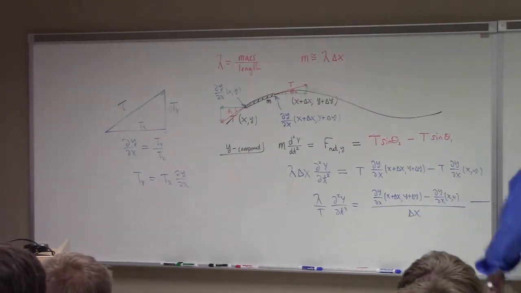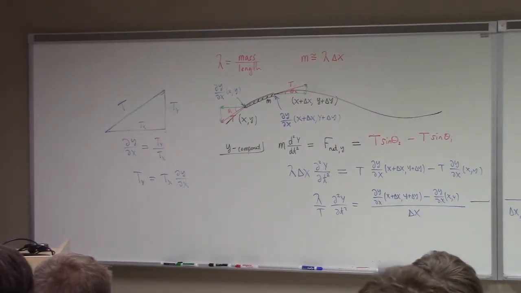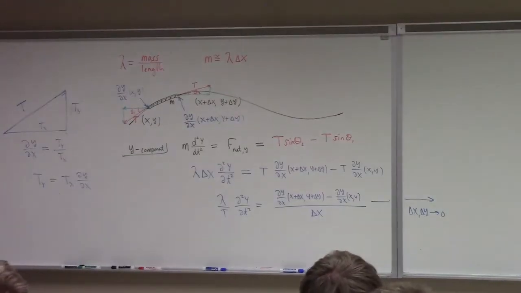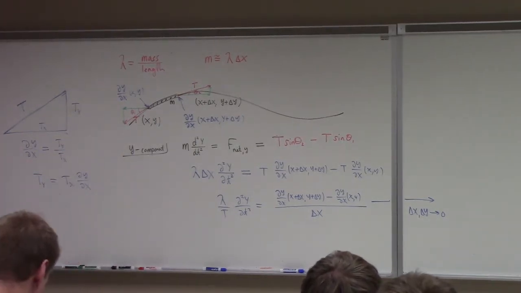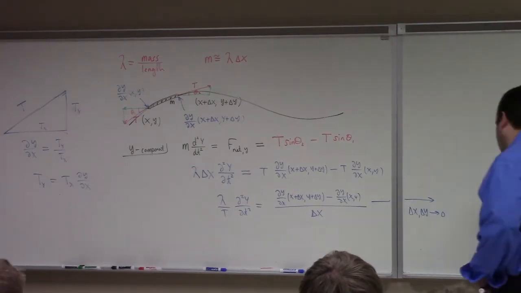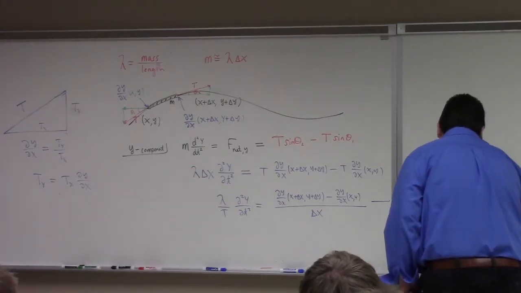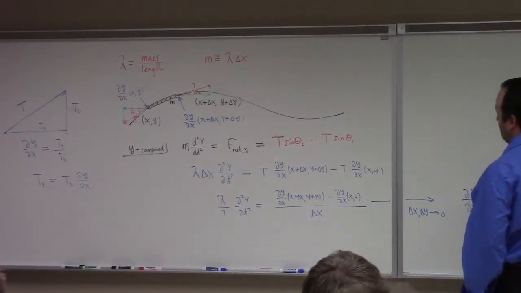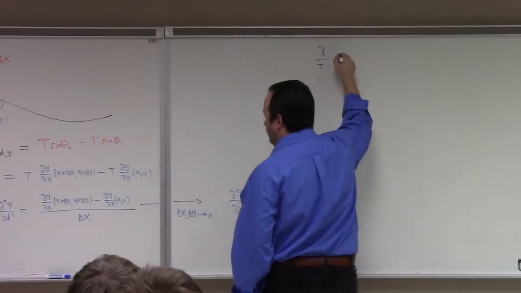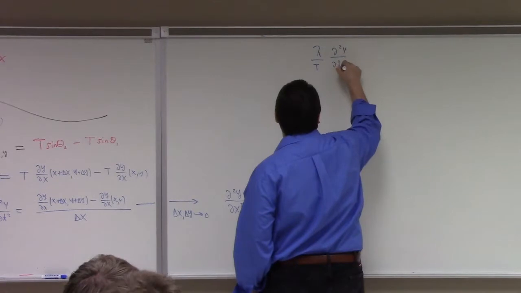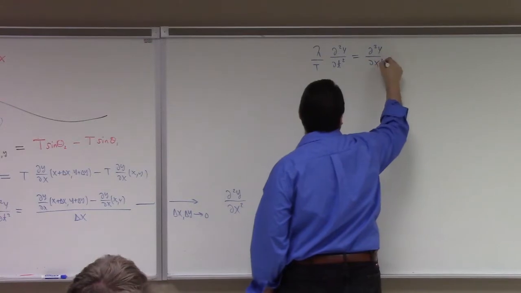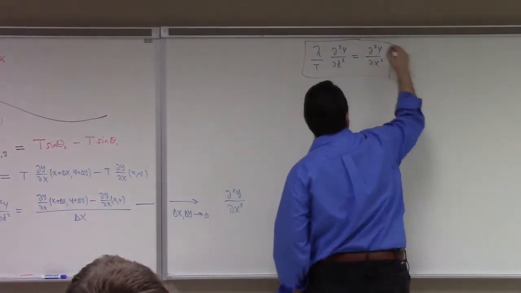What does this become? You're looking at the change in the derivative with respect to x, with respect to x again. And so, again, with a little bit of hand waving here, but not too much, this is partial squared y, partial x squared in the limit. And so that's why the wave equation we can write as lambda over t, partial squared y, partial t squared, equals partial squared y, partial x squared. This is the wave equation.